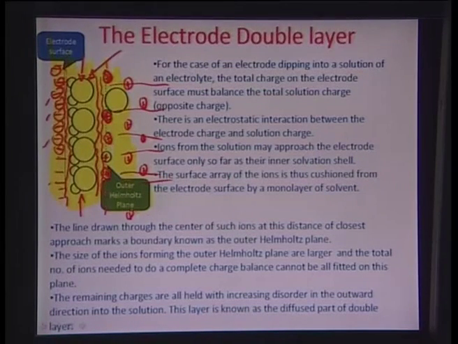Therefore, there would be layers of charges in the solution with decreasing density until the whole negative charge on this electrode is neutralized by the positive charges in the solution. This brings us a very interesting characteristic.